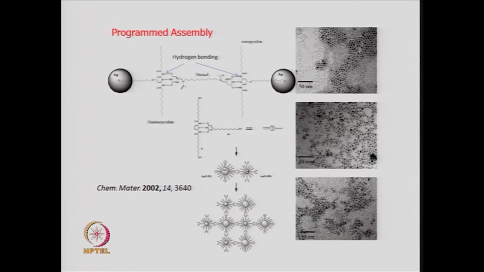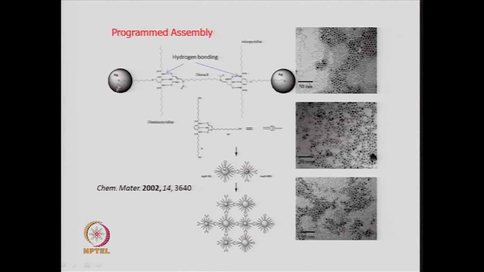Now, another example of a programmed assembly is you have again a designer molecule. You synthesize this molecule which is diaminopyridine, and this diaminopyridine is linked to the silver.